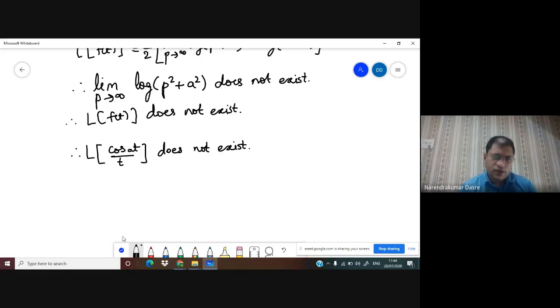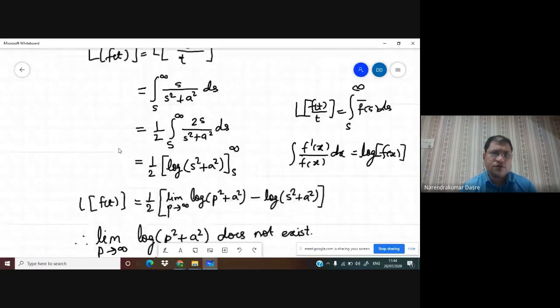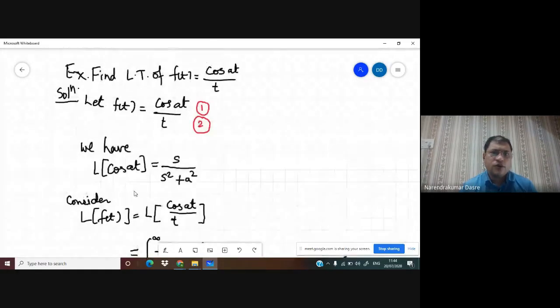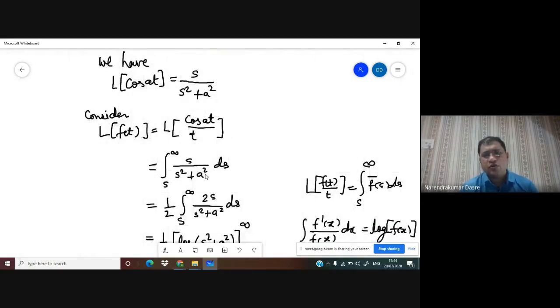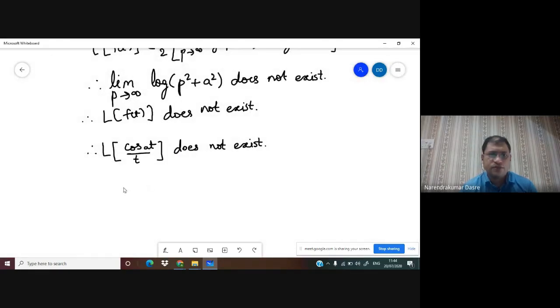Here the question was to find the Laplace transform of cos of at upon t, but what we proved is that the Laplace transform of cos of at upon t does not exist.